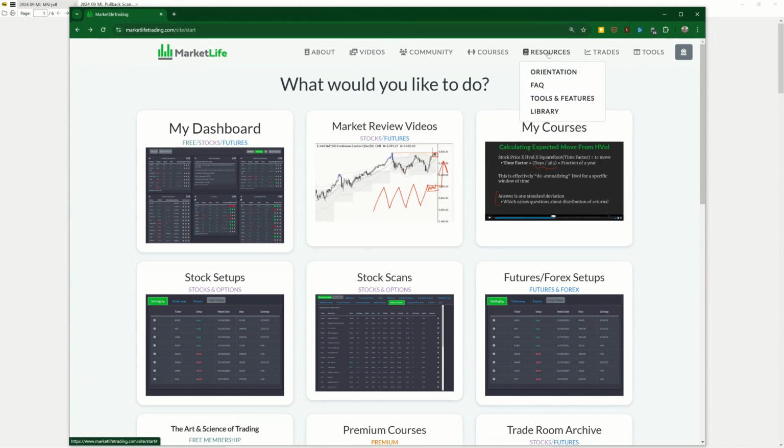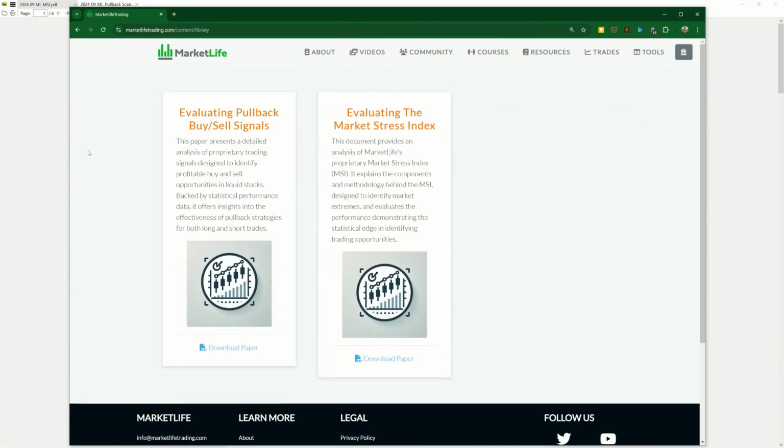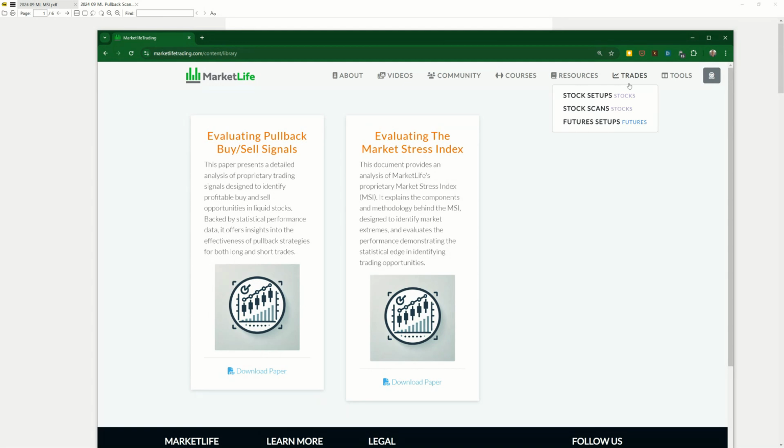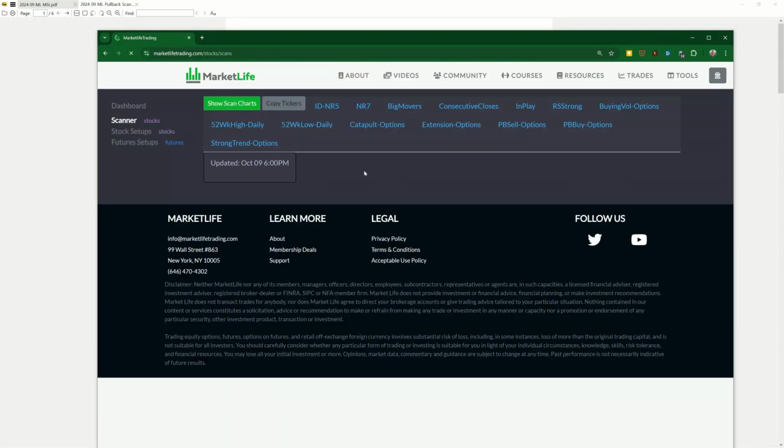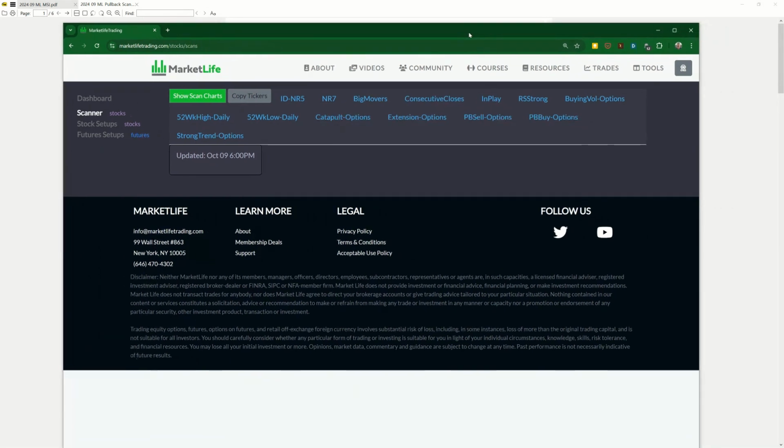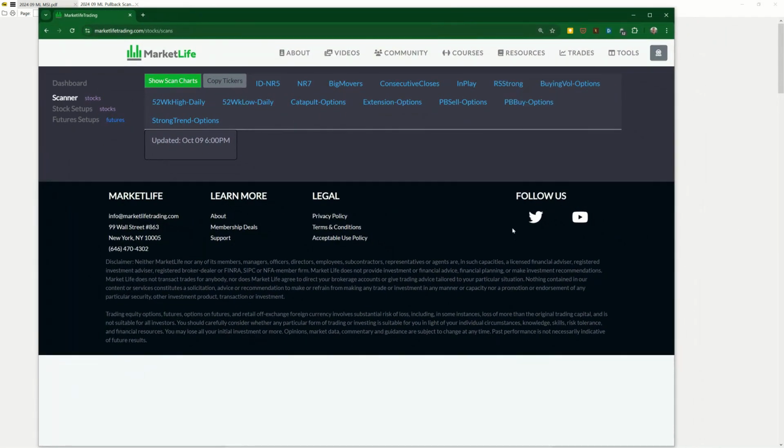Just so you know where to find these resources in the library, there are currently two papers. This applies primarily to stock traders. Why does it not apply to futures traders? Well, it does, but in a different way. If you're a stock trader, you get these stock scans, and the pullback buy options just tells you that these scans are run on a smaller universe of optionable stocks.